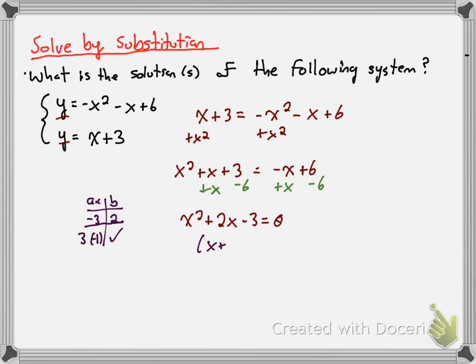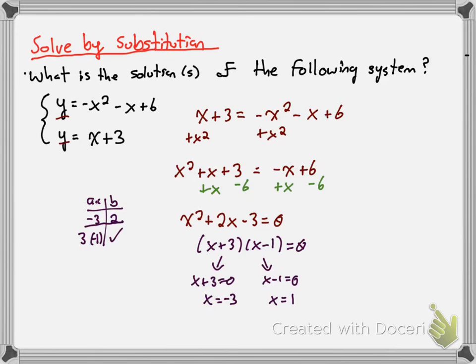I have (x plus 3)(x minus 1) equals 0. So learning what we learned previously the day before, my x value can either be at negative 3 or I have a solution where my x value is 1.